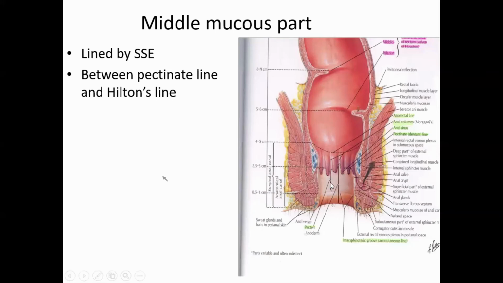And on either side it is guarded by which plexus? Internal or external? Here this is the internal venous plexus. So it is surrounded by the internal venous plexus, so it imparts a bluish pink color.